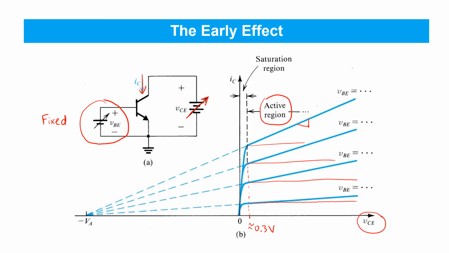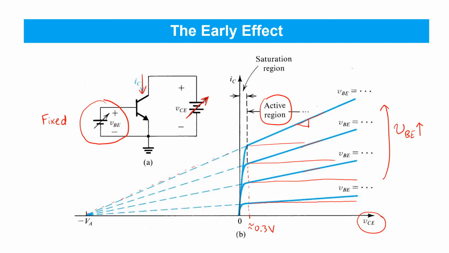In fact, the early effect arises in such a way that if we make this IV plot for different values of VBE, obviously VBE is increasing as we go up from one line to another, and we look at the slope of the IV characteristics in active mode, they can be extrapolated to the left all the way back to the negative real axis here.